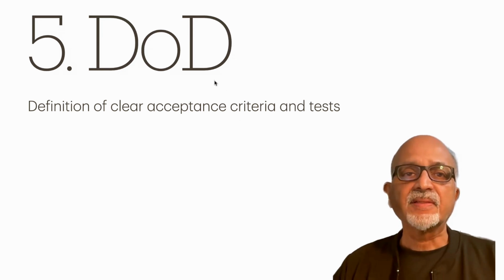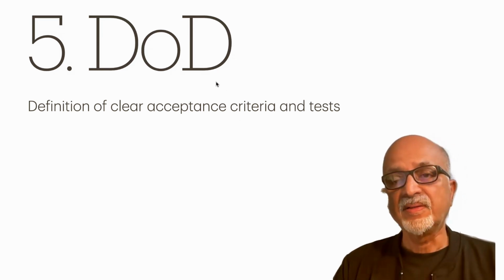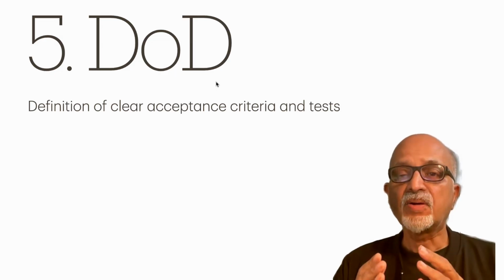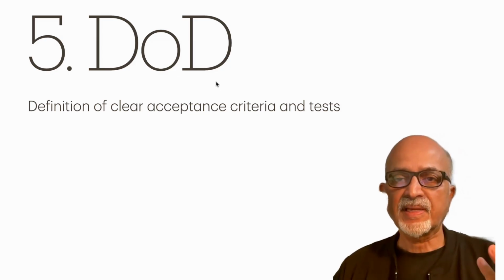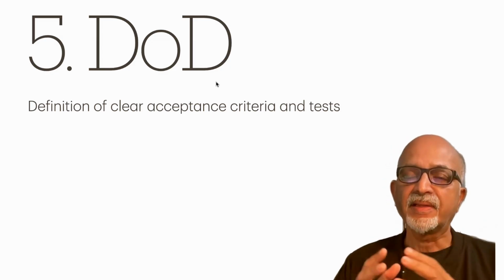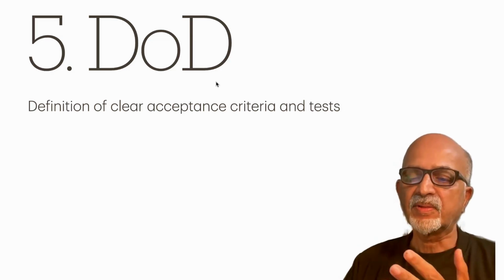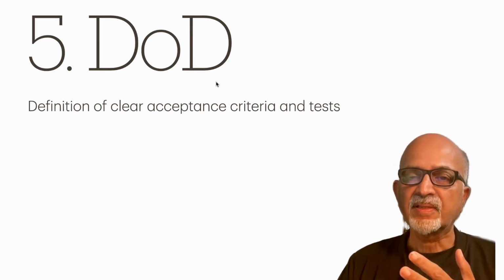The next thing is the definition of done. That must be very, very clear. All the team members should have a common understanding of the definition of done. If each person understands it in a different way, then we have a problem. If somebody thinks that it is only coding done, then we have a problem. If somebody thinks that it is only coding and testing done, there is a problem.